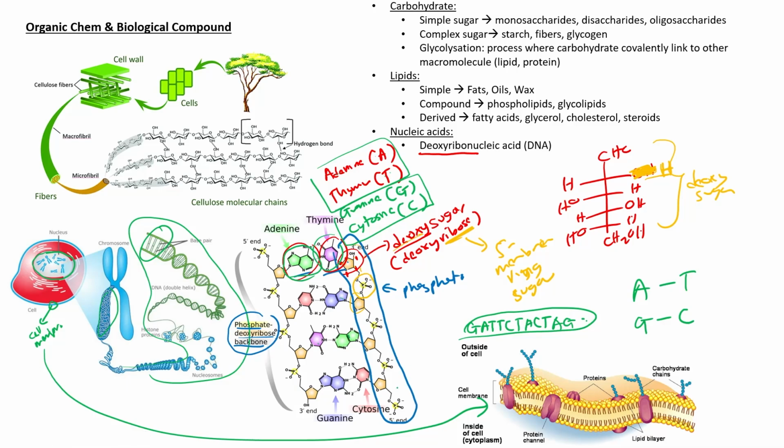When the DNA forms a double helix, A is always connected with T, and G is always connected with C. Between the phosphate-deoxyribose backbones, the nucleotides pair with each other: adenine with thymine, guanine with cytosine. You should know that.